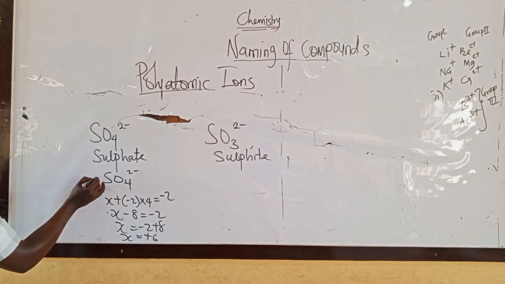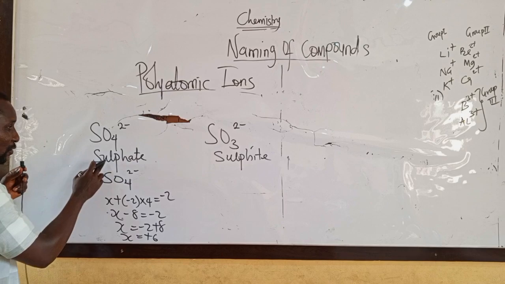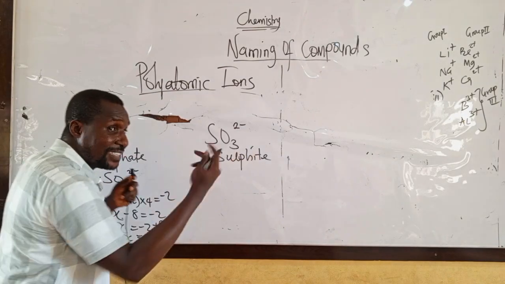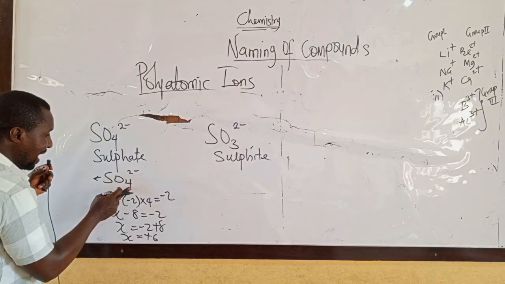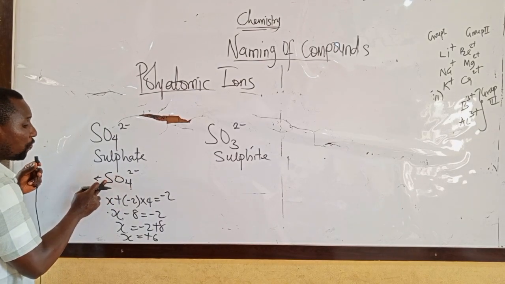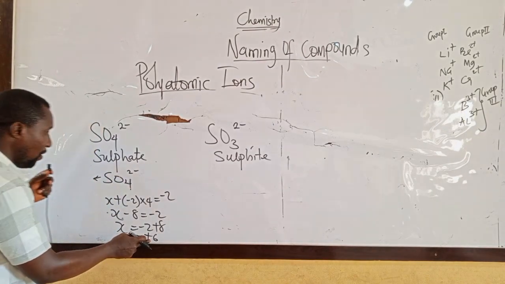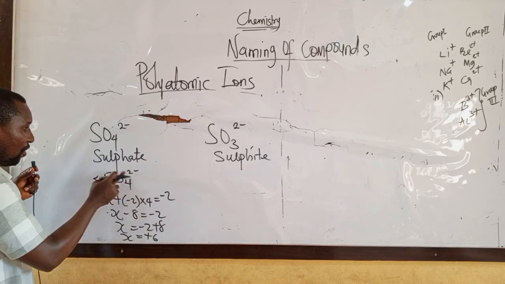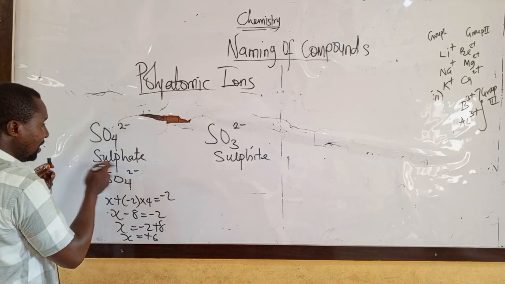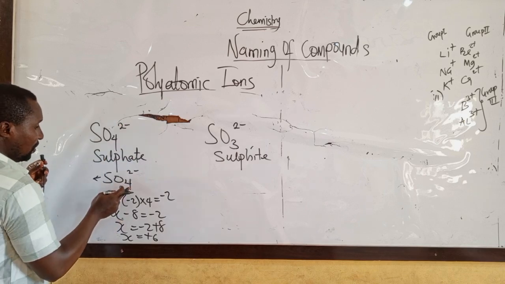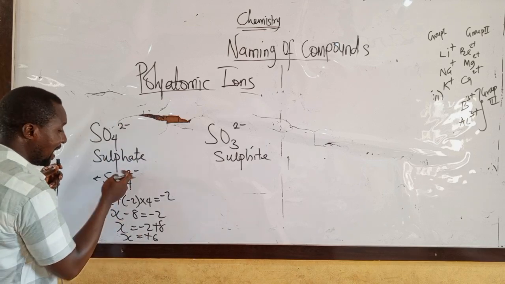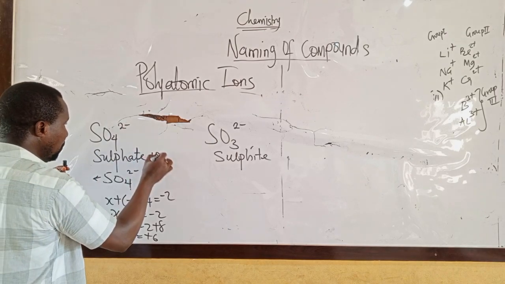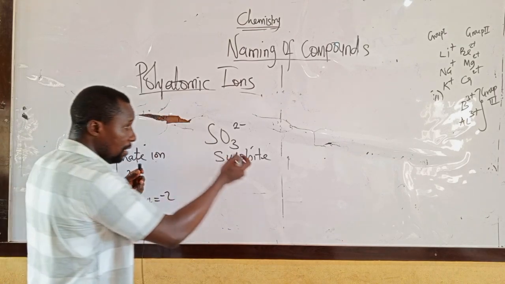What is another name for this? If I don't want to use sulfate, another name will be what? 4 is tetra, using the prefix. Tetraoxosulfate 6 ion. You can say sulfate ion or tetraoxosulfate 6 ion.